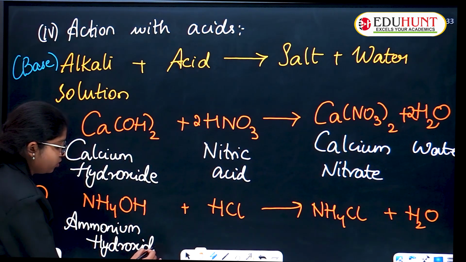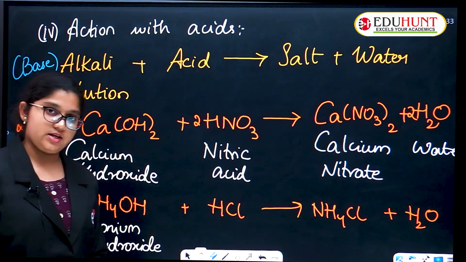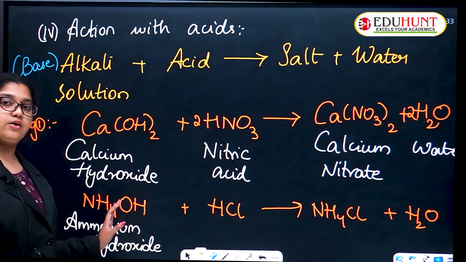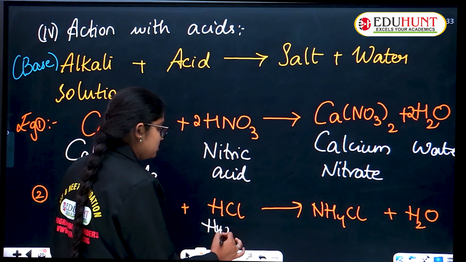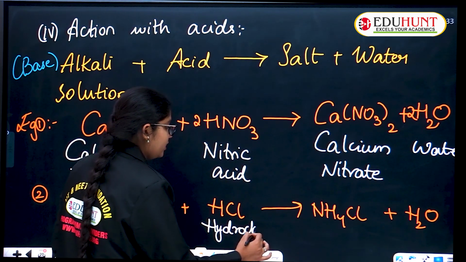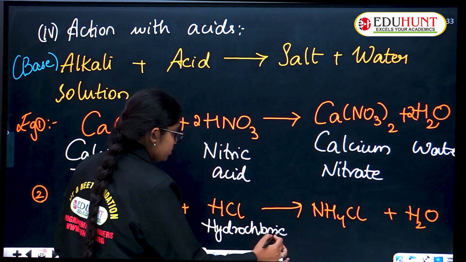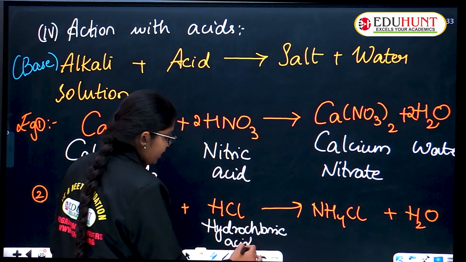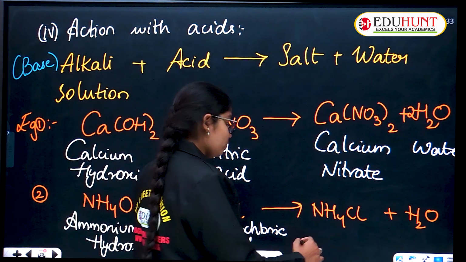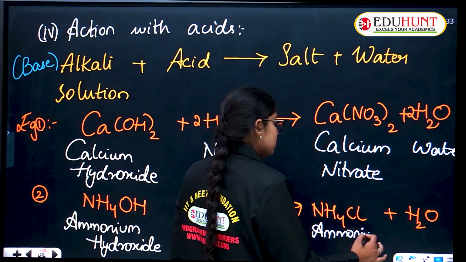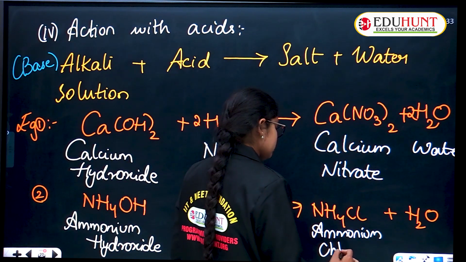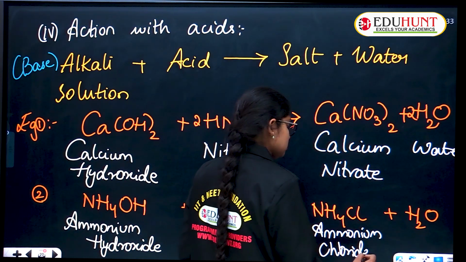What is it, children? Ammonium hydroxide. If you add ammonium hydroxide with the particular acid, that is hydrochloric acid or hydrogen chloride, what do you get? You get a salt, that is ammonium chloride. Very good. Ammonium chloride plus water.